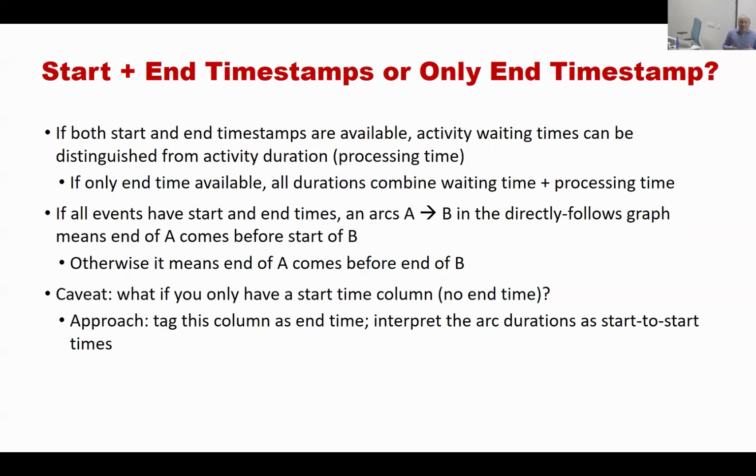So let us take your start timestamp and let us gather information, possibly through observation, about how much time on average every activity takes. And then, if we have the end timestamp, we artificially fill in a start timestamp column equal to the end timestamp minus a random number with the average execution time that you found by interviewing people, and a certain distribution, a normal distribution or a negative exponential distribution.